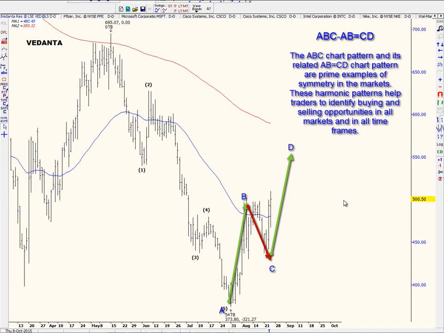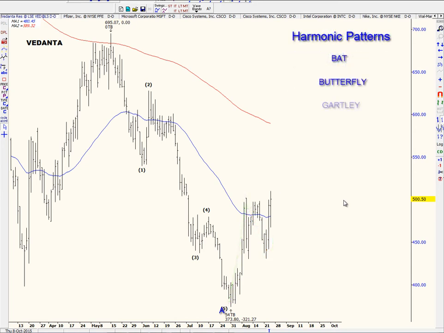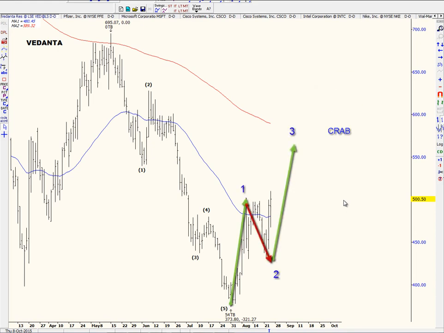Now, we will also typically look for the common harmonic patterns, such as the bat, the butterfly, the Gartley, and also the crab. Okay, now the ABCD pattern is a three-wave or three-leg structure which can appear in all markets and all time frames and can be very often seen in price action that is retracing or correcting a dominant trend.